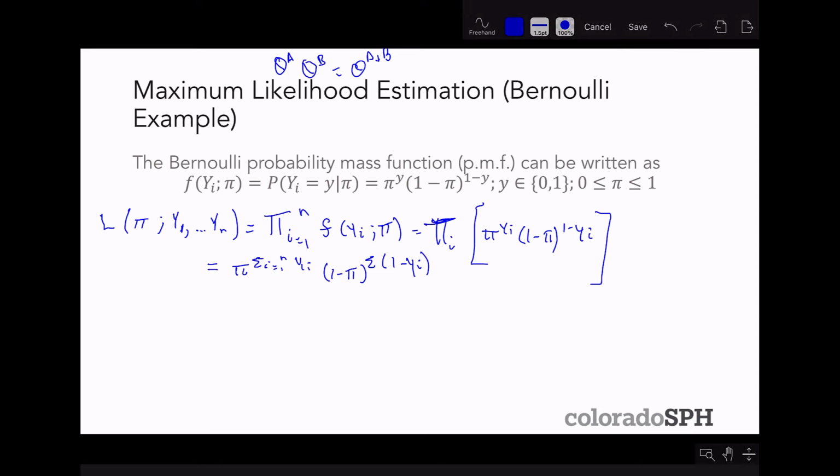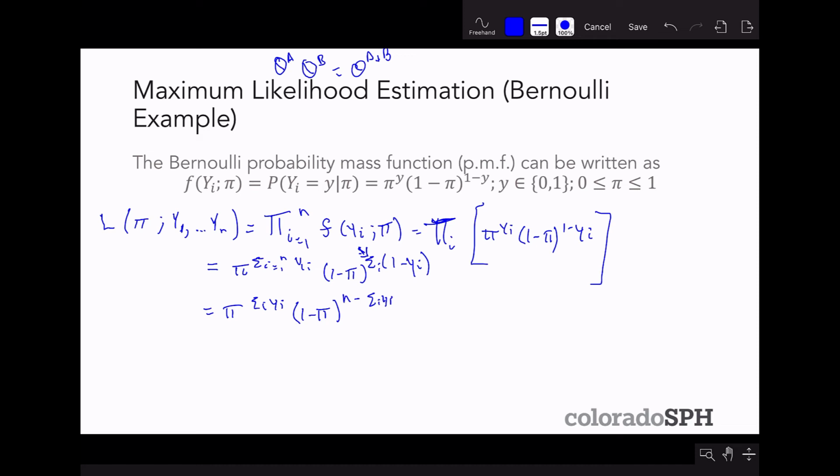And you can distribute that summation to the 1 and to the yi, which gives you pi to the summation of yi times 1 minus pi to the n minus summation i of yi. Okay, so that is the likelihood function for a Bernoulli random variable, or n Bernoulli random variables.